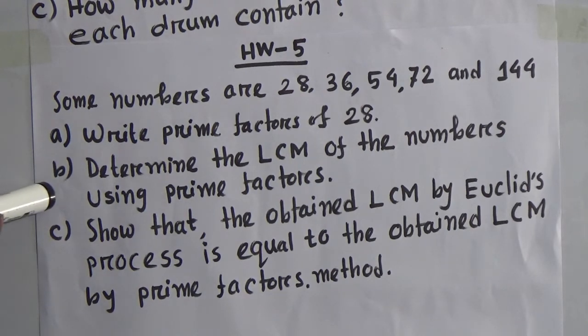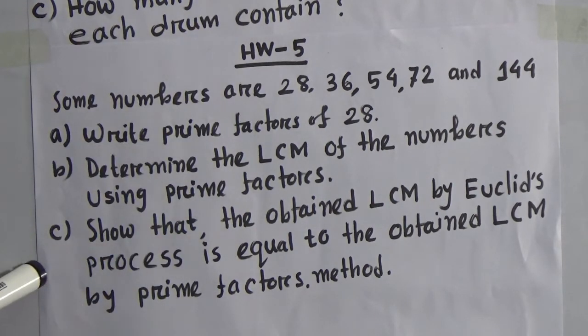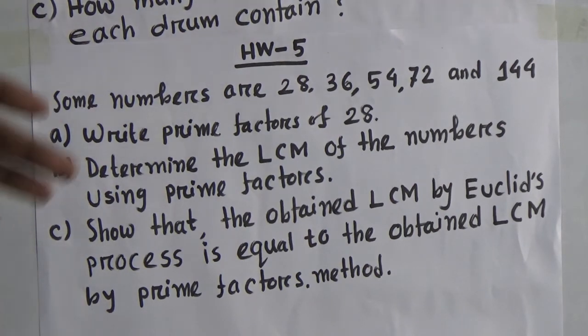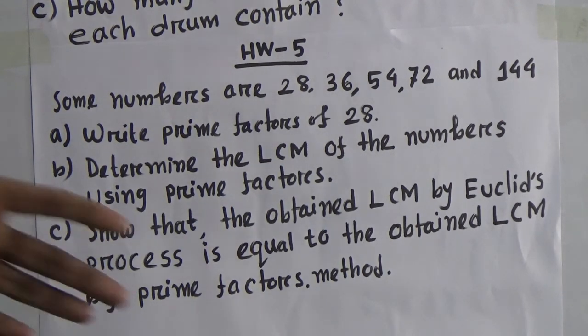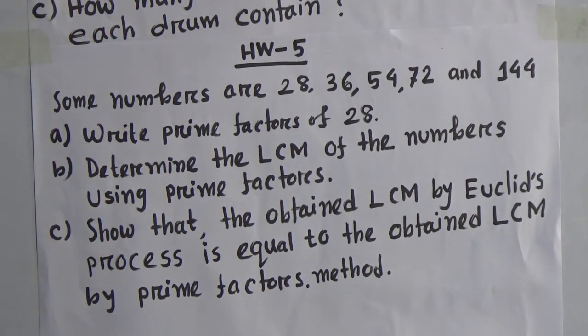So in B number, you have to use the prime factors to determine LCM. And for C number, you have to find out the LCM by Euclid's method, that means the division method. Then you can find that the LCM of B number and the LCM of C number will be equal. Then you got the required result.